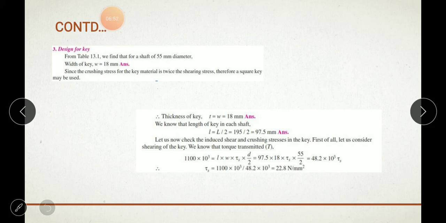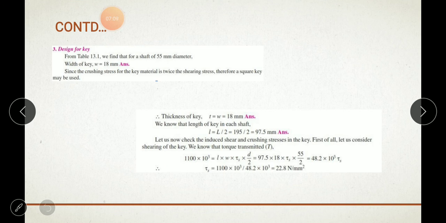As I told you, when you use the square key, its width and thickness are both the same. Now the length of the key, l equal to L by 2, that is 195 divided by 2, which is 97.5.